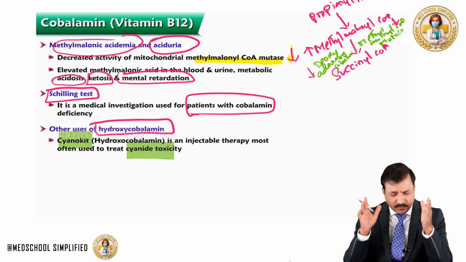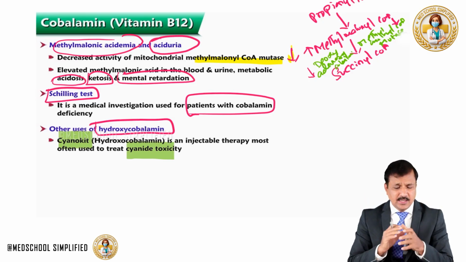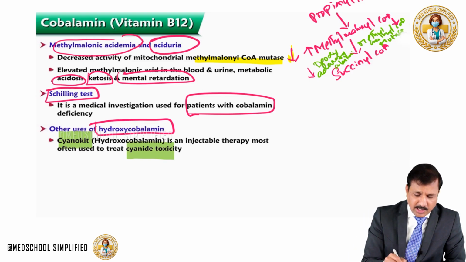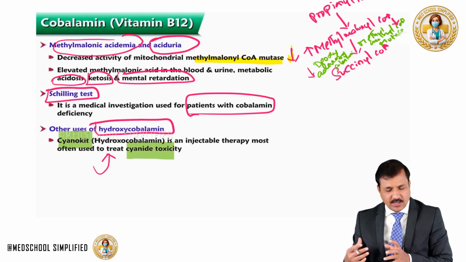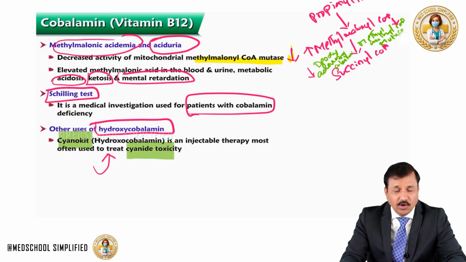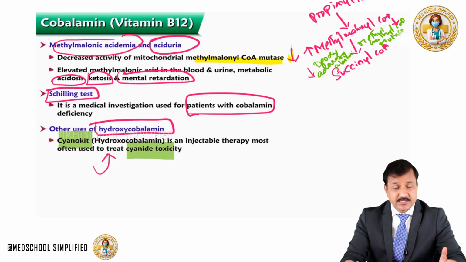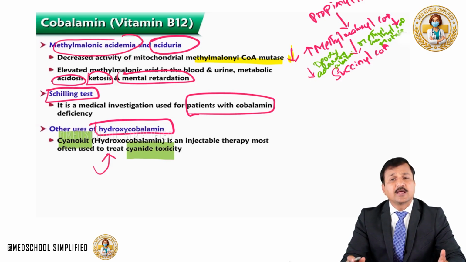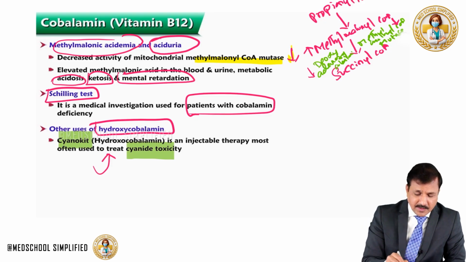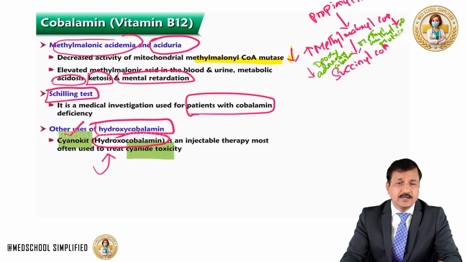So, in order to treat that kind of severe condition, hydroxycobalamin is used as Cyanokit, where this hydroxycobalamin is going to combine with cyanide coming from the cytochrome C oxidase and become cyanocobalamin, and that cyanocobalamin is taken out of the system, thereby freeing cytochrome C oxidase and allowing the electron transport chain to run properly, and that's how cyanide toxicity is treated. So, make sure you remember hydroxycobalamin is part of the Cyanokit, which is used in the treatment of cyanide toxicity.